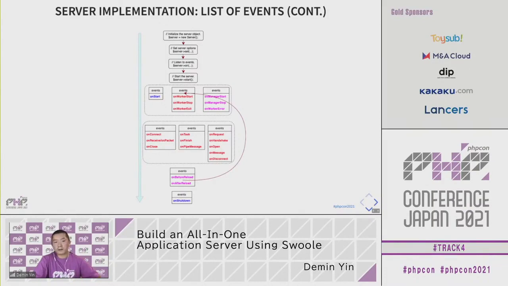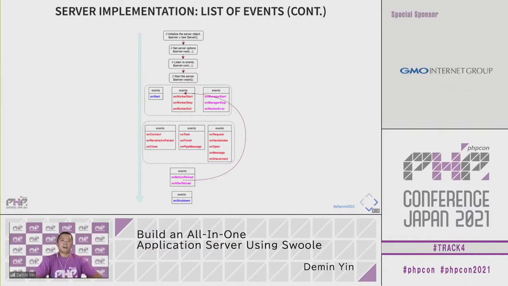And some events are just for more advanced features, which we don't have to touch if we are new to Swoole. For example, if you just want to build an HTTP web server, probably the only event we need to care about is the onRequest event, right? So we see there are lots of events here, and it seems to work differently from what we had played with in PHP-FPM.